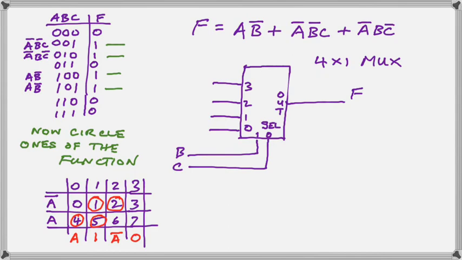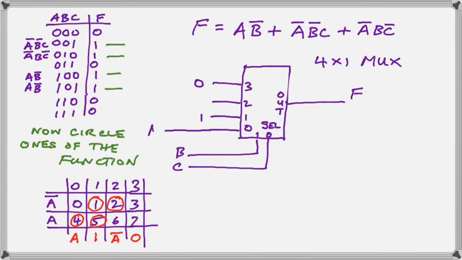Got it? Okay. The last thing we have to do now then is to connect input 0, notice the column of input 0 is going to A, and the other columns are going to be connected to A bar, 0, and 1.